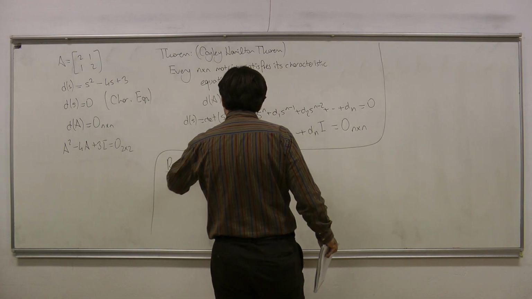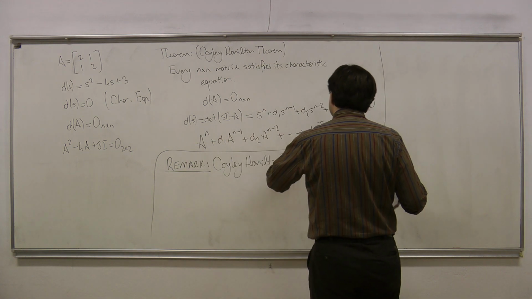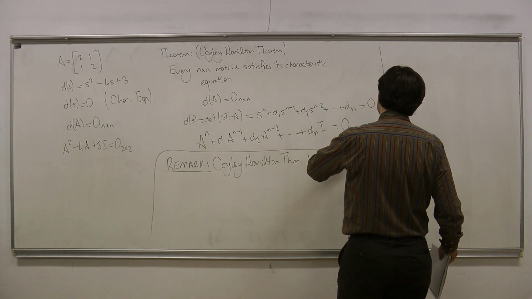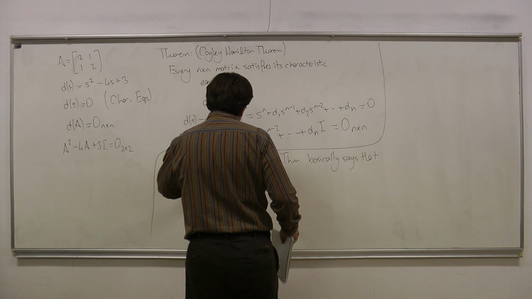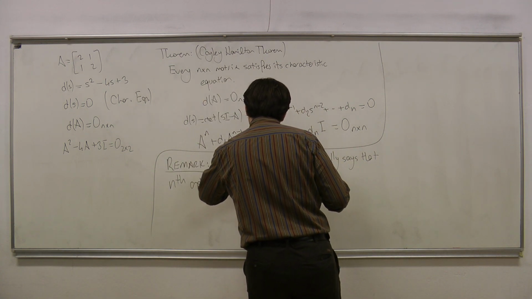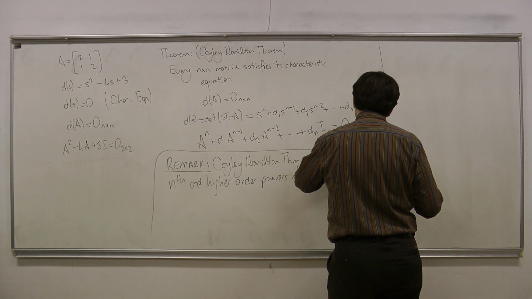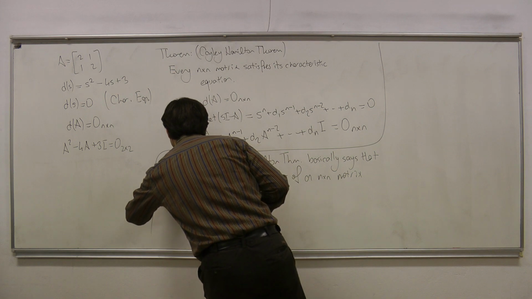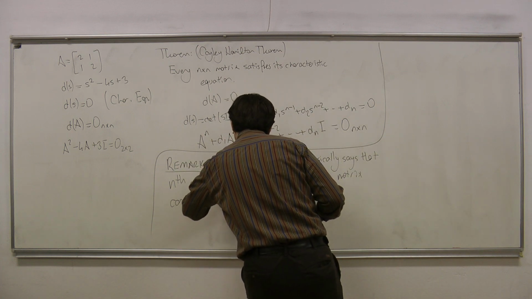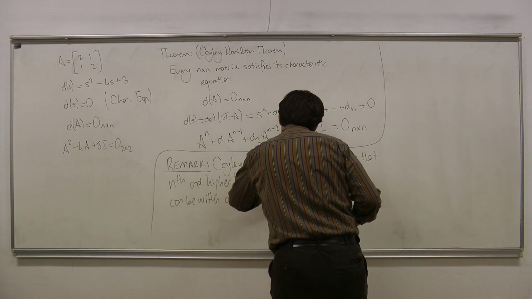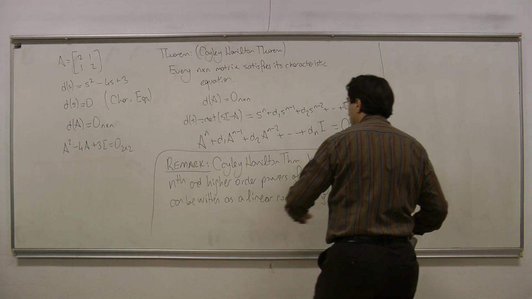This remark tells us that the Cayley-Hamilton theorem basically says that the nth and higher order powers of an n by n matrix can be written as a linear combination of its lower order powers.